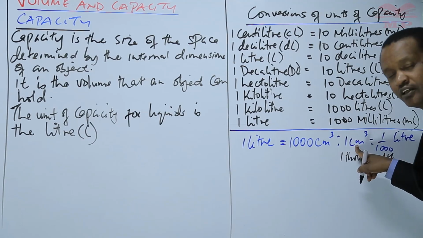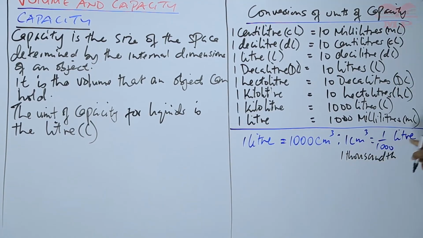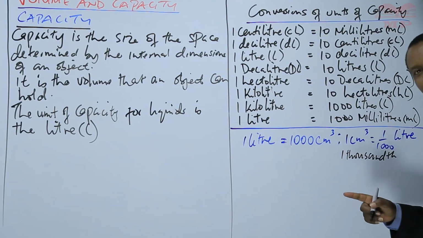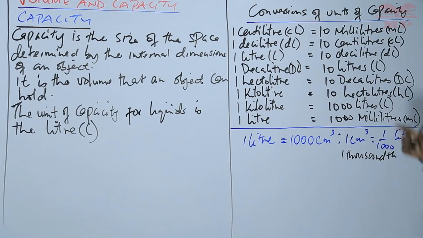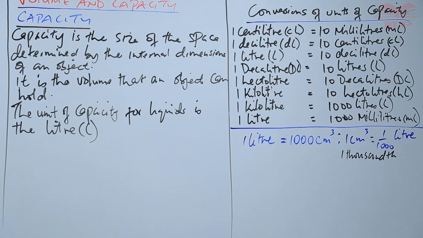So 1 cubic centimeter is equal to 1,000th of a liter. So that is an important conversion.